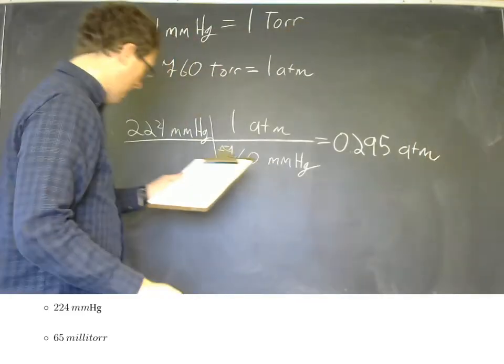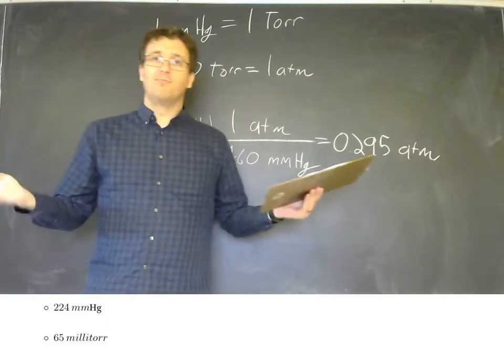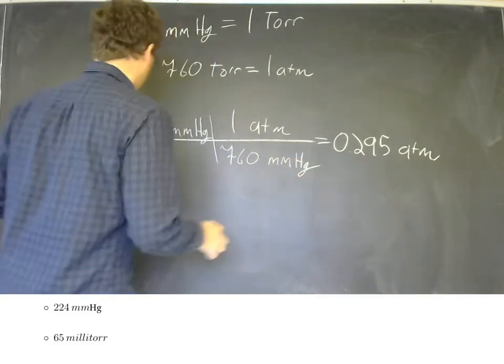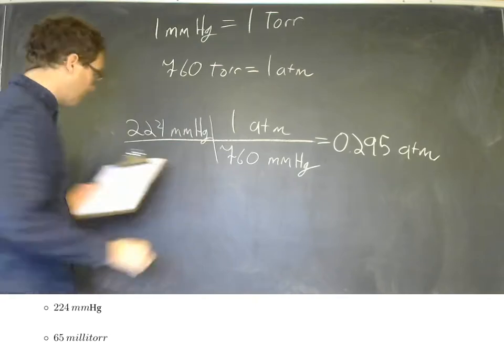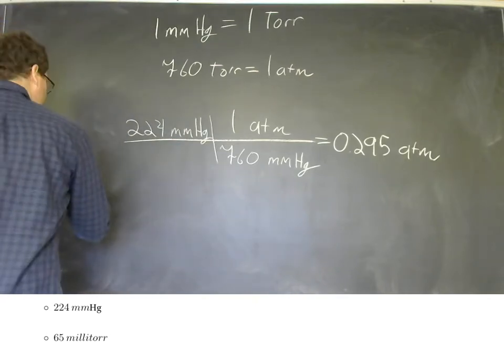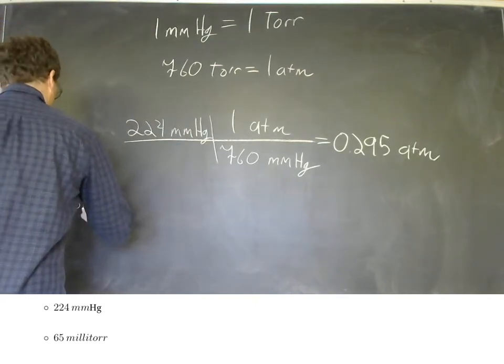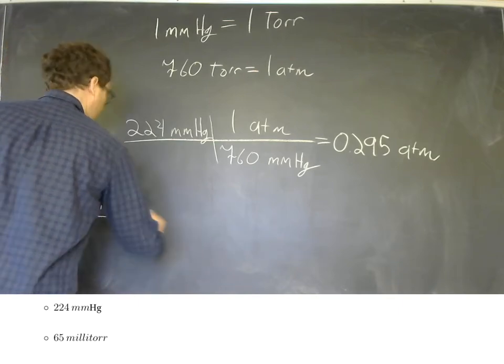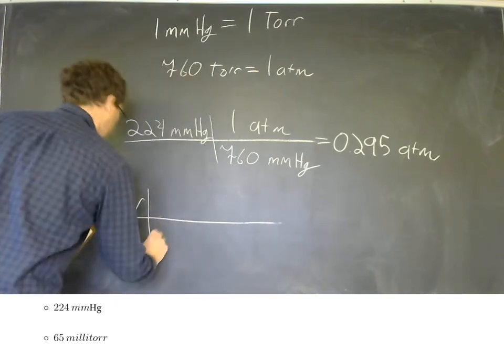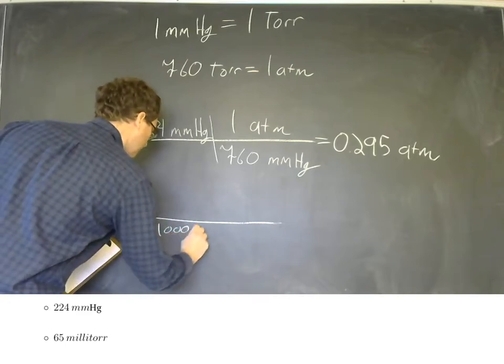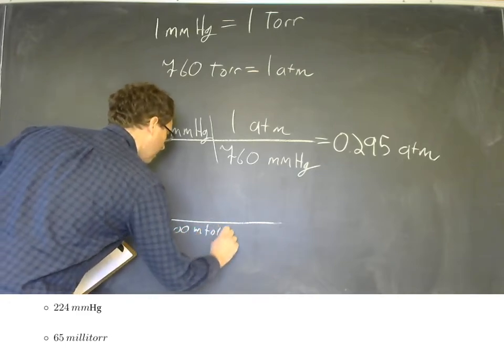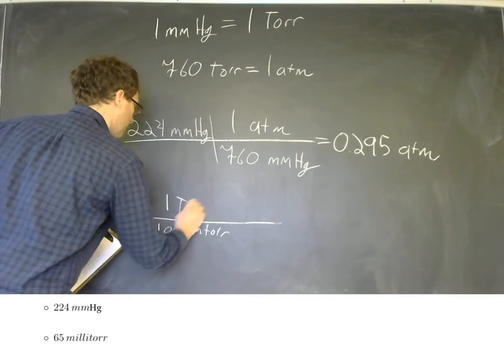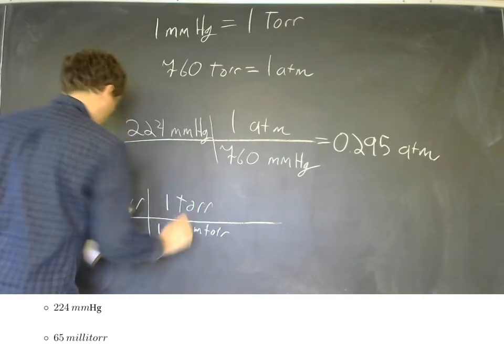And then 65 millitorr. So that milli is hopefully not going to present too much trouble. 65 millitorr. And I know that 1,000 millitorr is 1 torr.